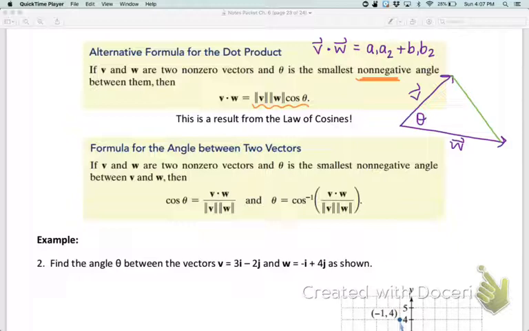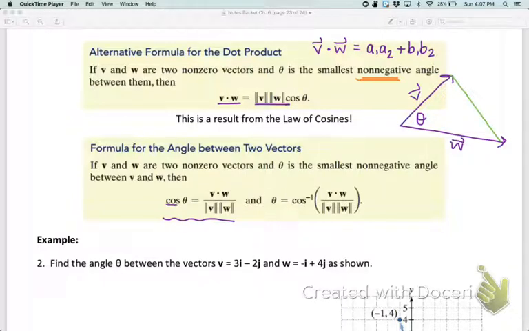If we take this original formula right here and divide both sides by the product of the magnitudes, we end up with this formula here. We're just getting cosine by itself. If you divide by the product of the magnitude of V and the magnitude of W on both sides, that's what you're left with. Furthermore, if we want to find the value of theta, we need to get rid of this cosine.